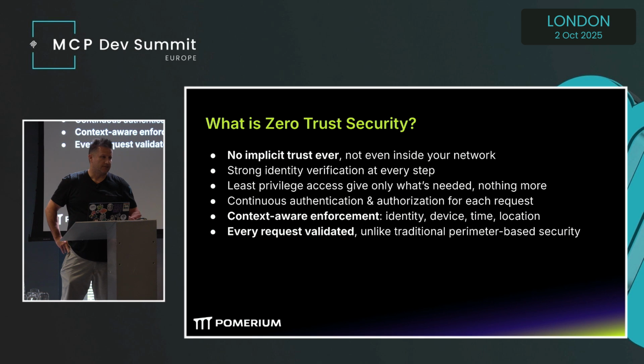The context aware can be anything. It can be device posture, it could be time of day, it could be role-based. It can be a combo of all that, or it could be as simple as, is your email this domain? And like I said, every request is validated. Unlike traditional perimeter-based security where typically you just log in and you're just there for the day and you have access to the whole network.